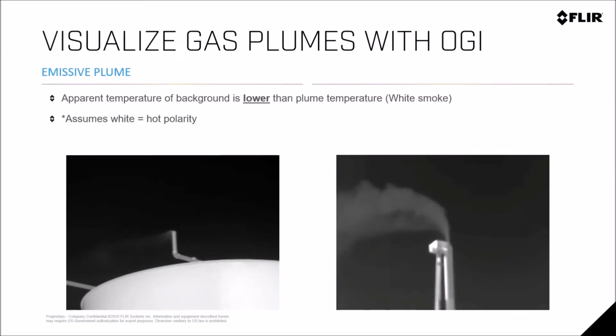That is another case where you may have an emissive plume. But in this case, the actual temperature of the background is lower than the ambient air temperature of where the plume might be.